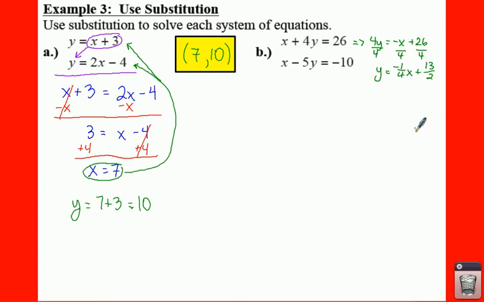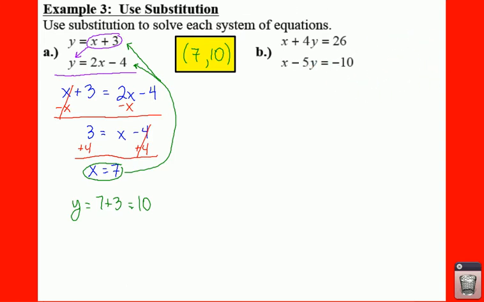Well, I kind of like fractions. I know you guys really just dislike them a lot. I really don't want to substitute a fraction in for y in the next equation. So it wouldn't make a lot of sense to solve for y. So you want to solve for the other variable then.